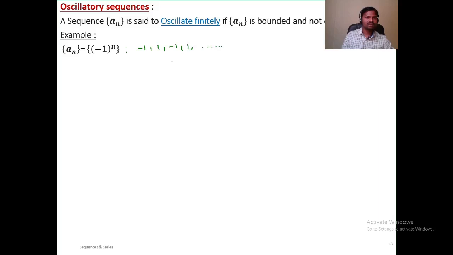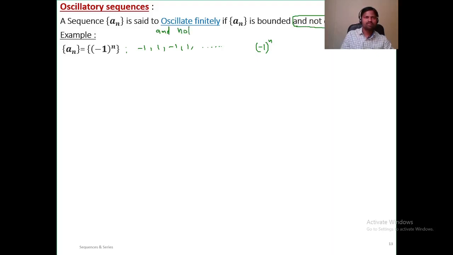Right? Therefore, clearly I can say that the sequence is (-1)^n. See, a_n is bounded. So I think from here onwards it is not visible. So here, this will be not convergent. I'm writing here, and not convergent. Because of the video, I think you are unable to see this.